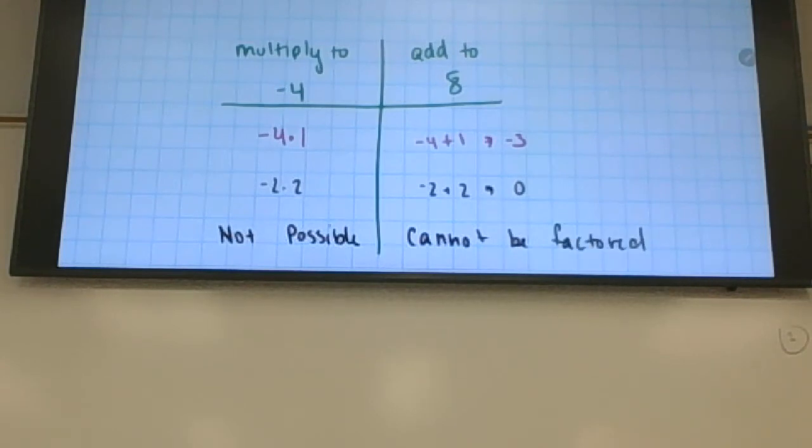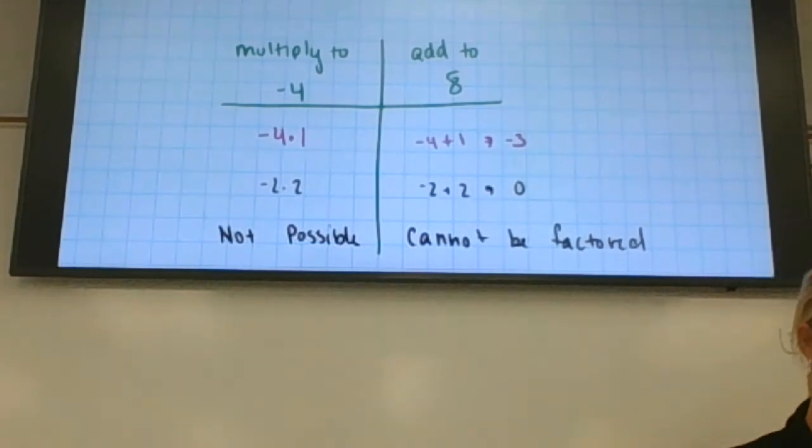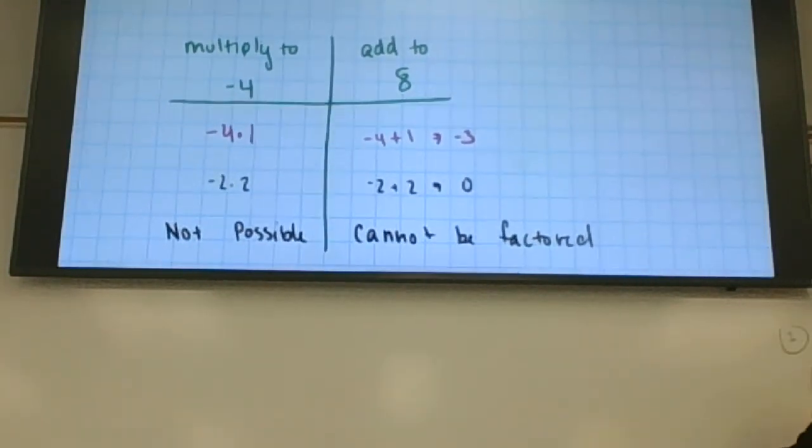All right, this is not possible. It cannot be factored. You can call it prime. However, it can be solved. Let me guess, by completing the square? Yeah, good question. That's what we're learning today.